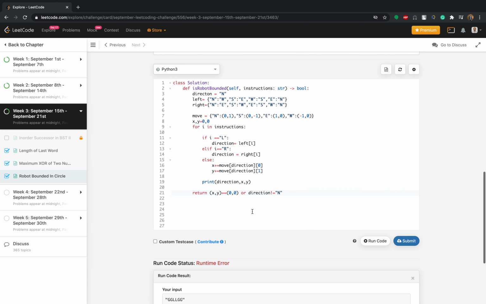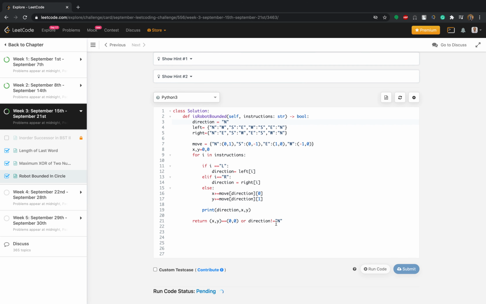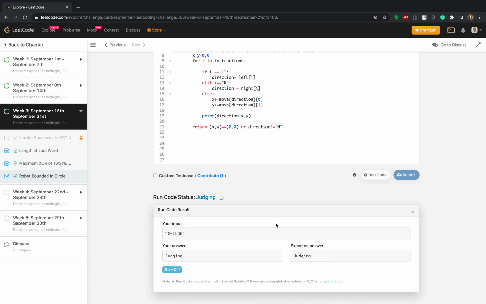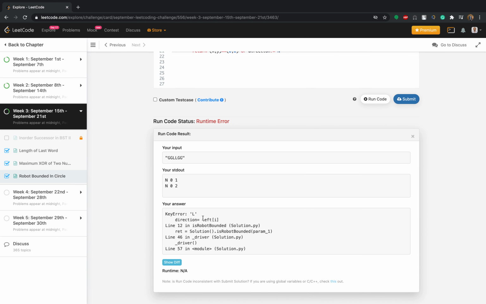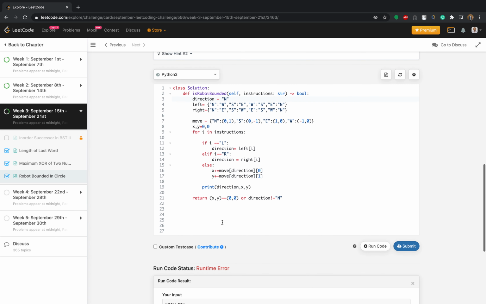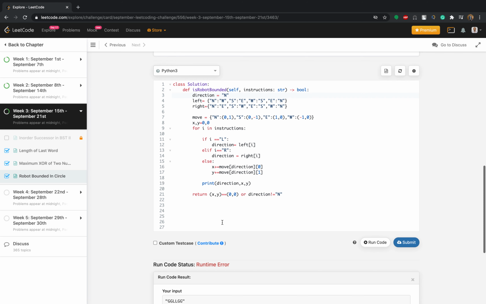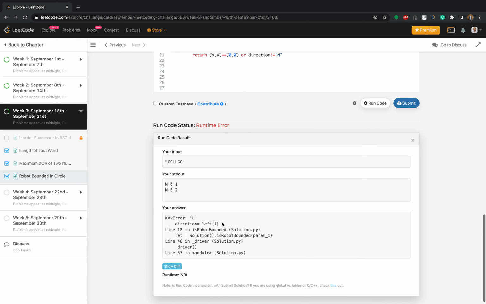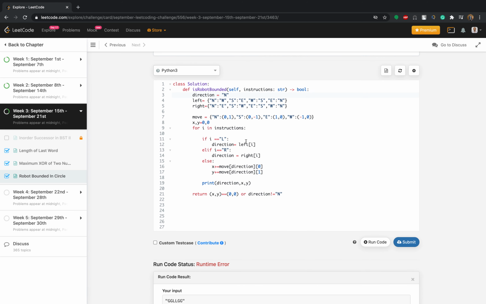Direction referenced before assignment, direction, yeah, spelling mistake. Okay, what is the mistake?